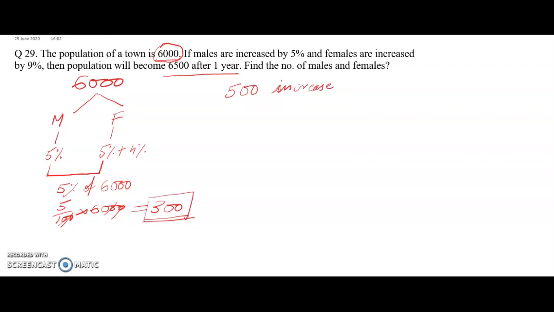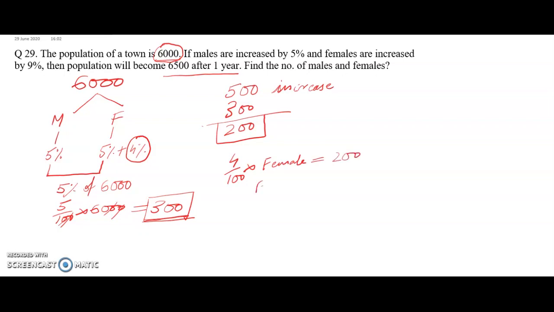Here we see 300 is increased because of 5% female and 5% male. So if we subtract, we will get 200. So 200 is left, and this 200 is increased because of 4%. This 4% is the extra increase in female. So we can say 4% of female will give us how much? 200.